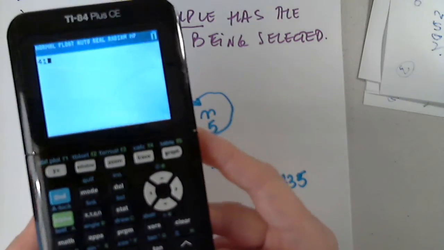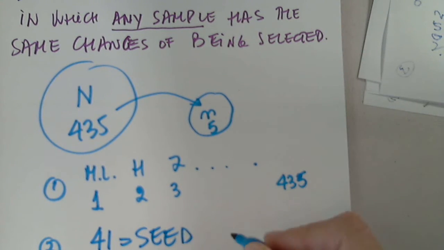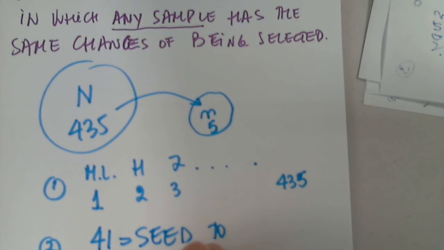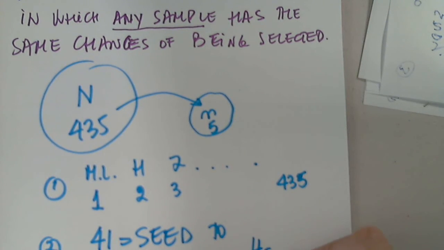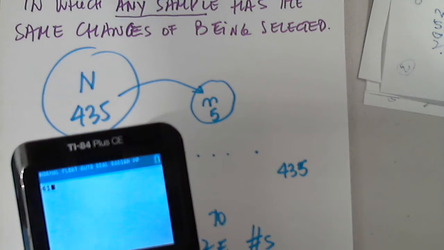41. We selected 41 as the seed to randomize numbers. Good, so we selected 41, and we're going to enter 41.